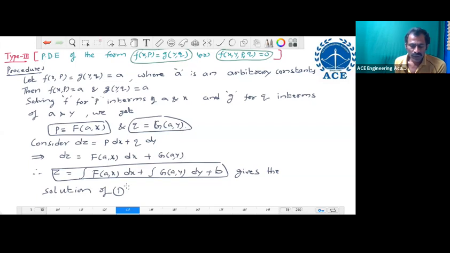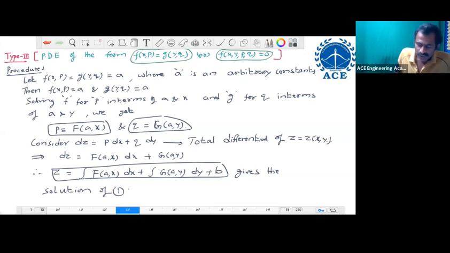Just equate each of the two sides to an arbitrary constant a, and separate. Solve both for p and q, substitute in the total differential. This result is called the total differential of z equal to z of x comma y. We discussed this method of writing the dz for a function of two variables in calculus. Now, next we do the problem on this.